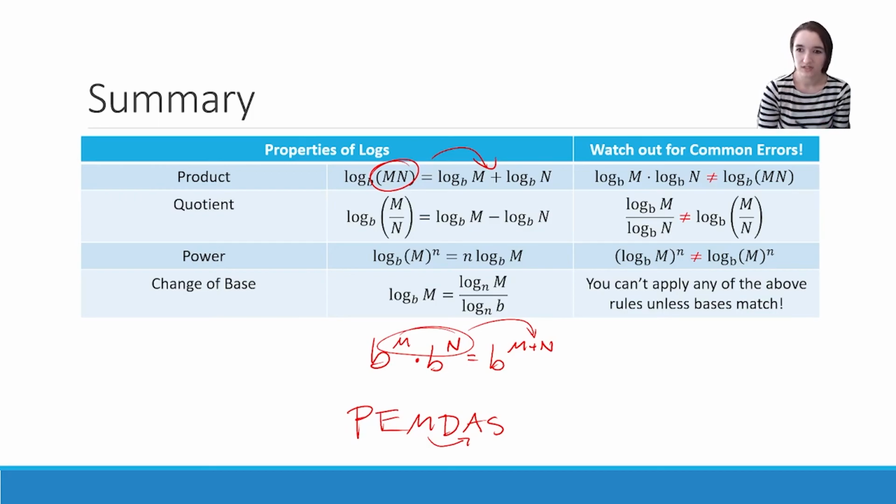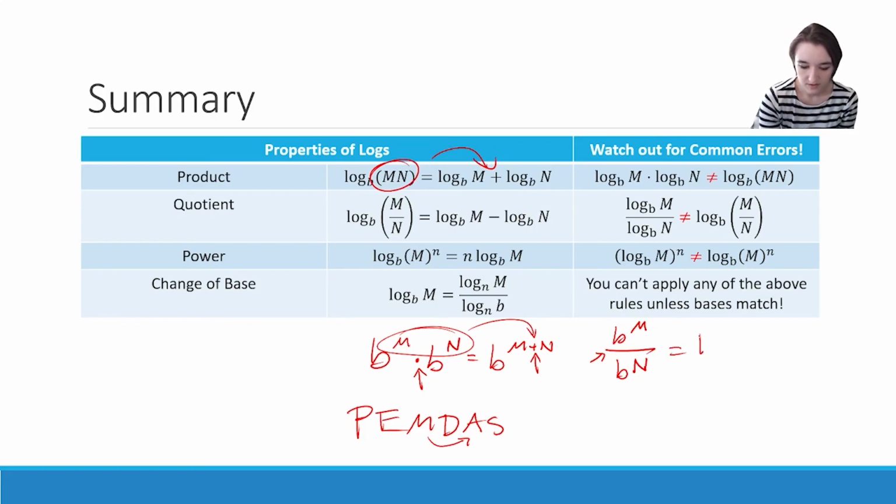Multiplication outside of our exponent becomes addition inside of our exponent. Similarly, division outside of our exponent, so we have division of the bases themselves, becomes subtraction inside of our exponent. So again, it's the opposite.